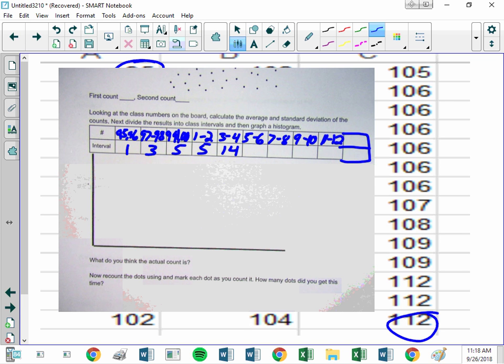And then 7. So what did you guys get? And then 7 to 8 is 2. 9 is 1. And then for some reason we have 3 12s.